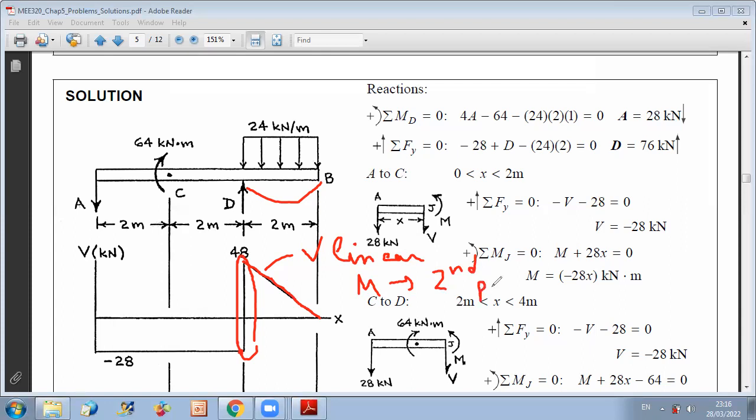To know the concavity, you can just look at W, because the second derivative of M is equal to minus W. Here in this problem, since W is positive, because the positive convention is downward, the second derivative of M is negative, so the concavity is downward. You can verify this from the variation of V. V is decreasing, so the slope is decreasing.